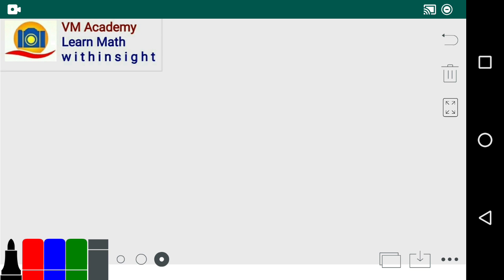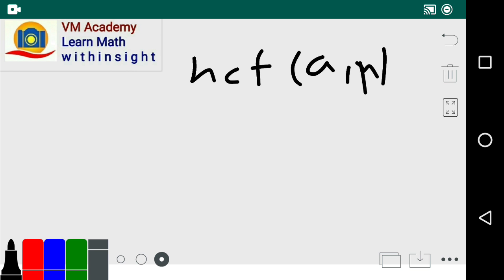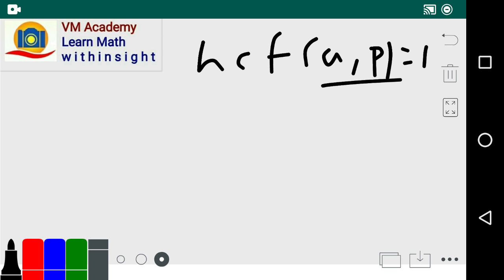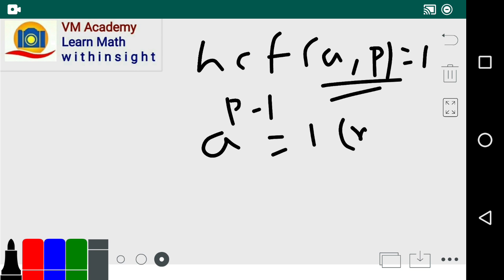According to Fermat's little theorem, if the highest common factor between a and a prime number p is 1, then a raised to p minus 1 is equal to 1 mod p.